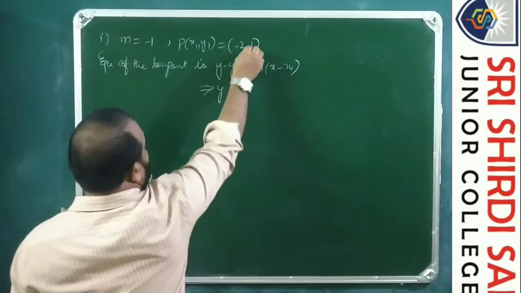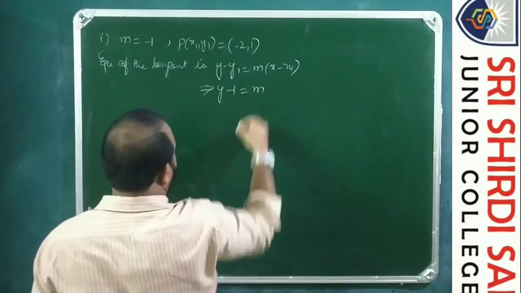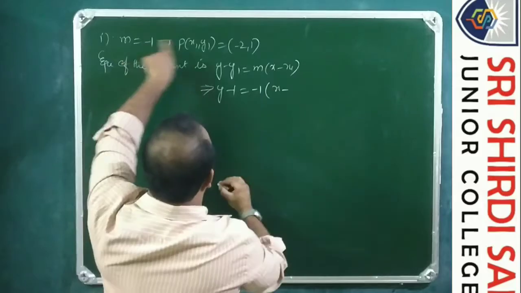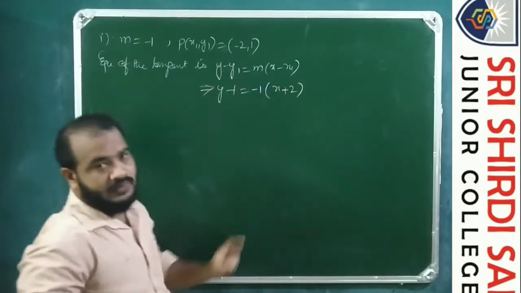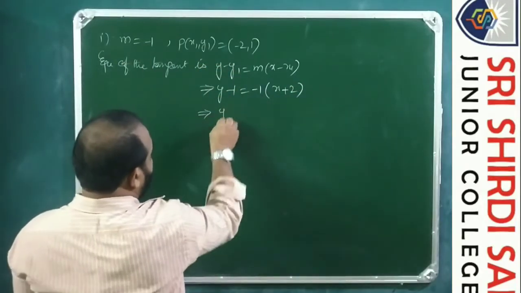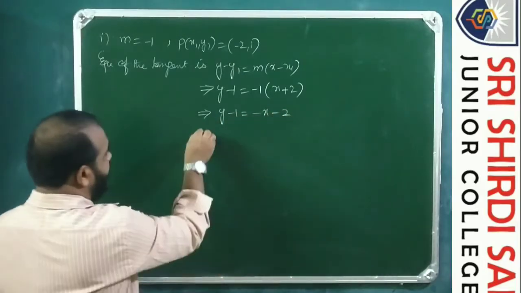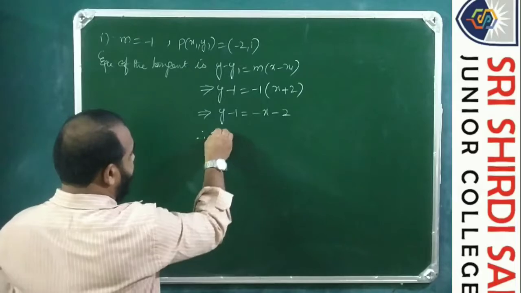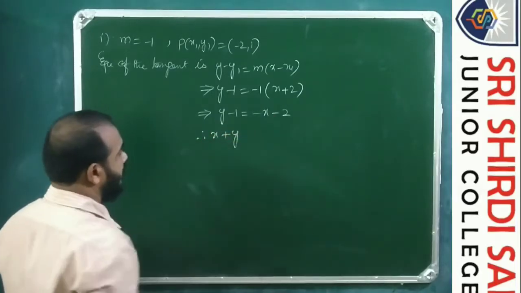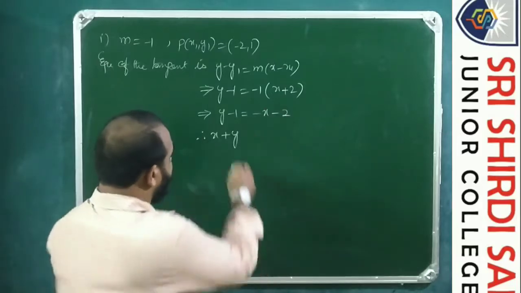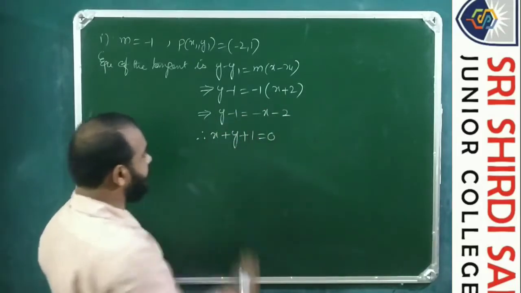So y − 1 = −1(x + 2), so y − 1 = −x − 2. Therefore x + y, transposing the −2 gives +2, and 2 − 1 is +1, equals 0.